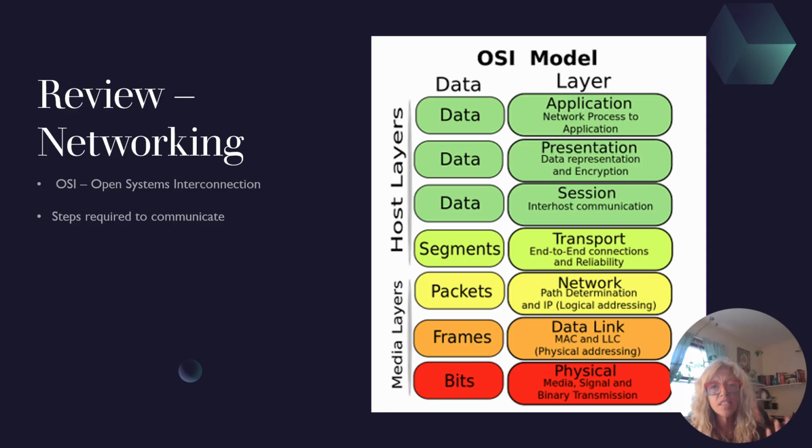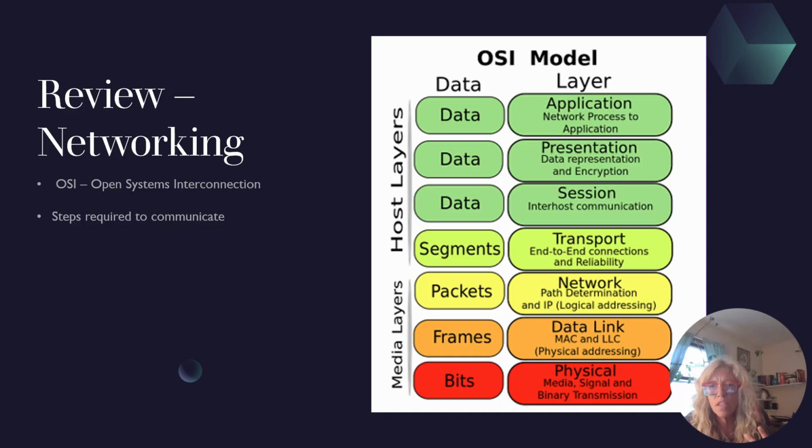Next, we have layer 6, which is presentation. This layer is responsible for the syntax and semantics of data. It acts as a translator between different data formats, and it ensures that data is presented in a way that the application can understand.